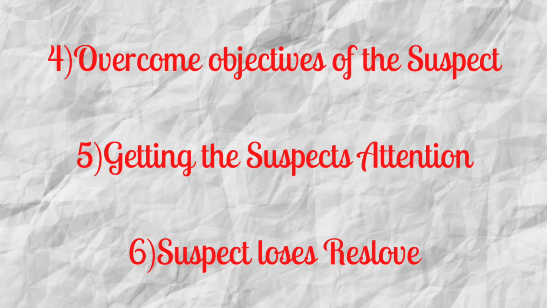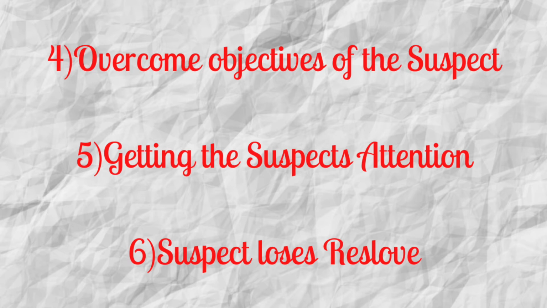Number 5, getting the suspect's attention. At this point, the suspect is most likely feeling frustrated and unsure of themselves. The interrogator is going to possibly act like they are your ally. They may touch you on the shoulder or pat you on the back as if they're on your side.